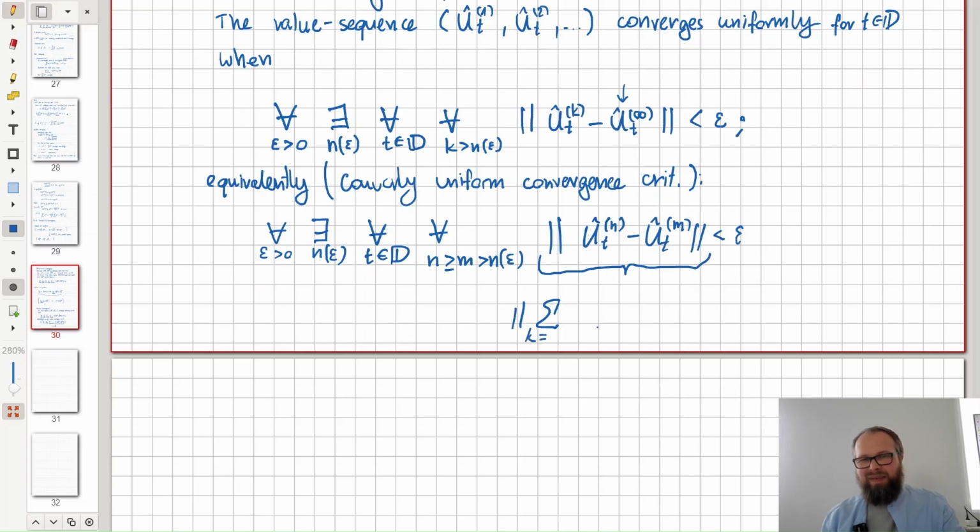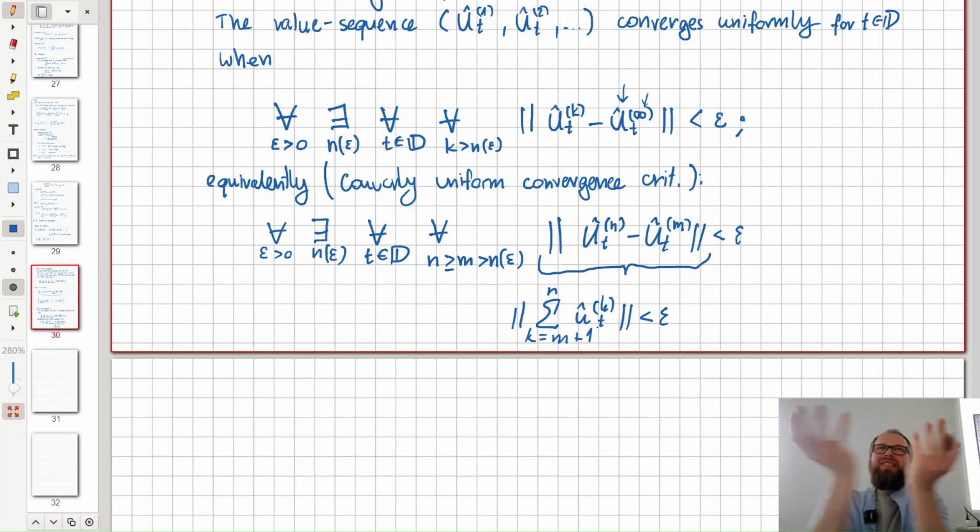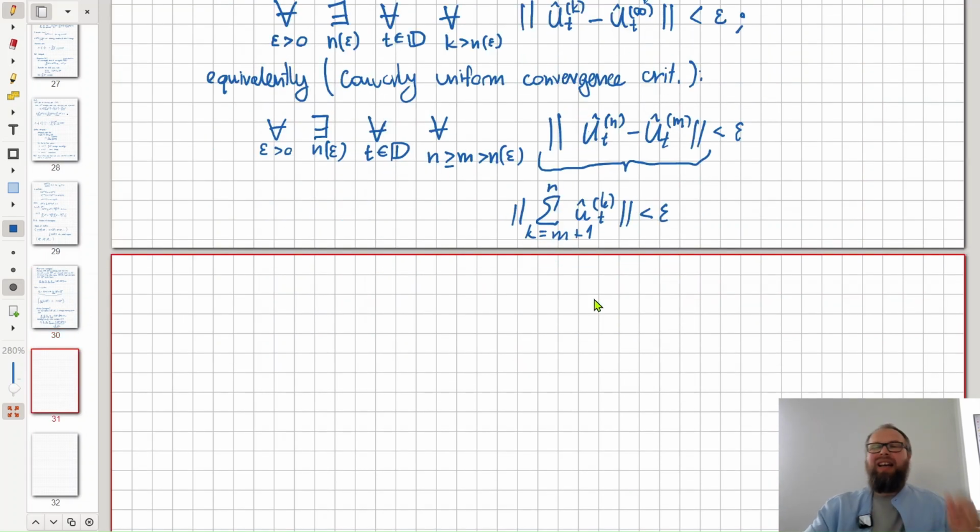The upper index stands for the sum up to that term. Yes, partial sum. It's not the nth term; it's the nth partial sum. That's why this notation is so cool, because it's a partial sum to infinity. Clever, huh? And the sum of u_k(t) smaller than epsilon, if we unravel it. But I decided that it will be less confusing if we focus on sequences for a second.